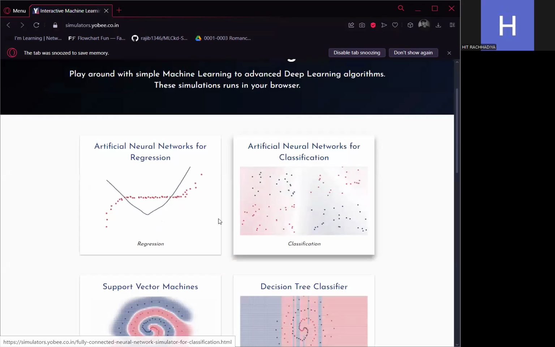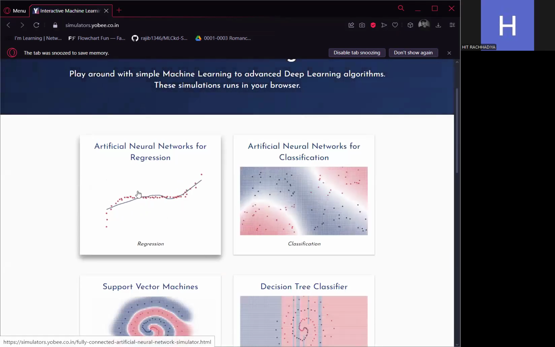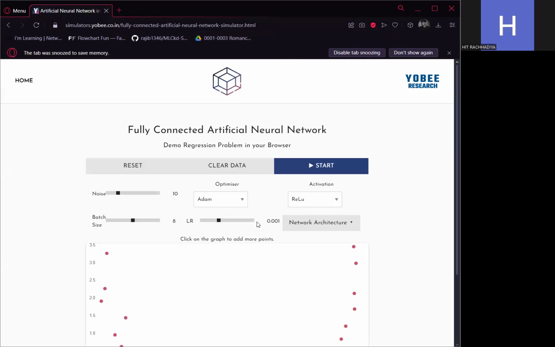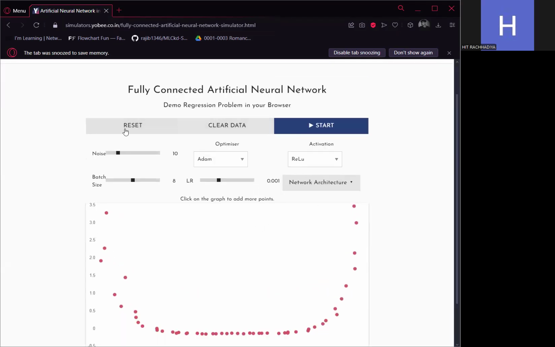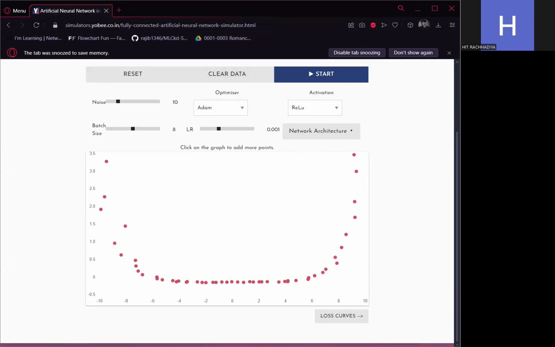Now let's look at the last concept, which is artificial neural network for regression. Here the same parameters are given as in classification. But what is the difference? In regression, we get the network output as a continuous value, or values if predicting multiple outputs.